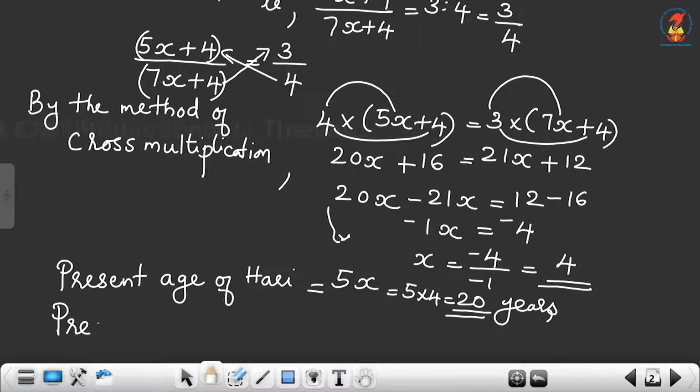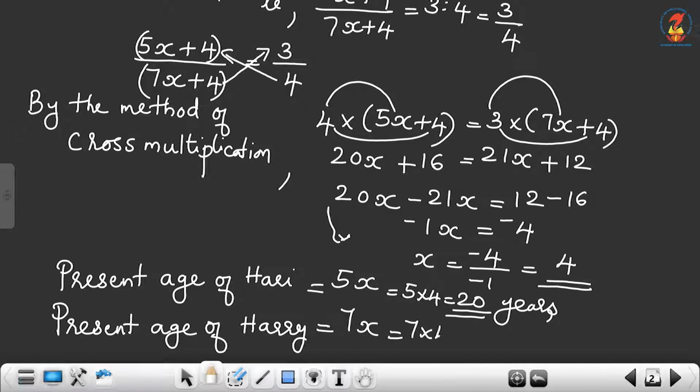Then the present age of the other Hari is 7x. Therefore, 7 into 4 equal to 28 years. So the ages are 20 and 28 respectively.